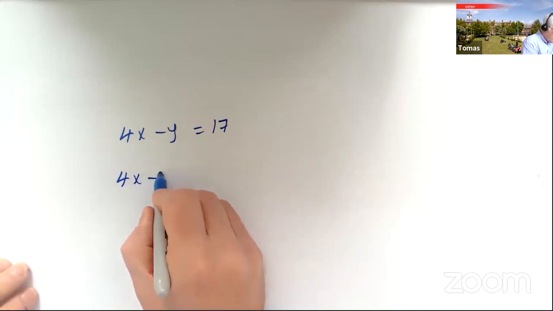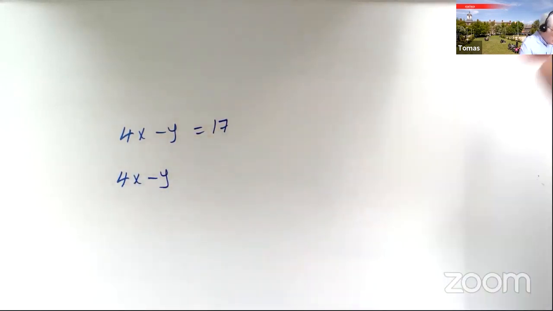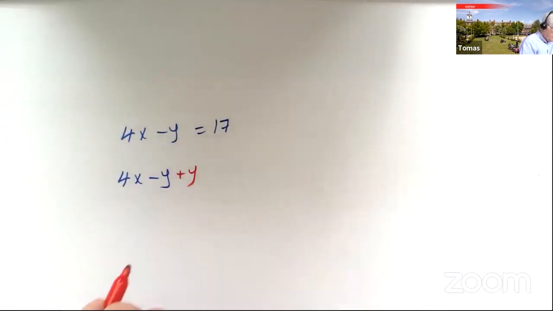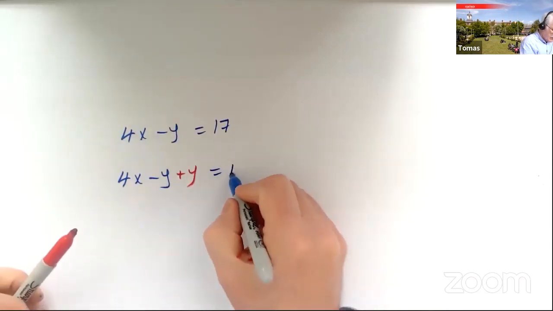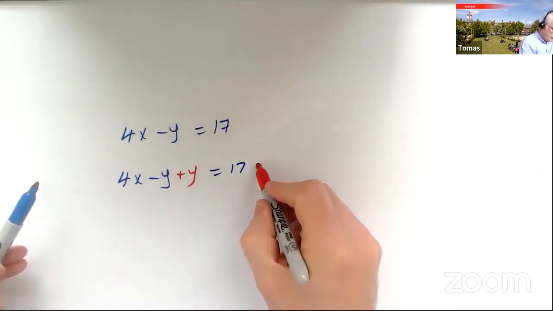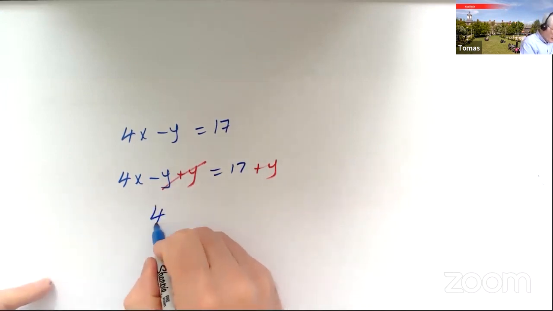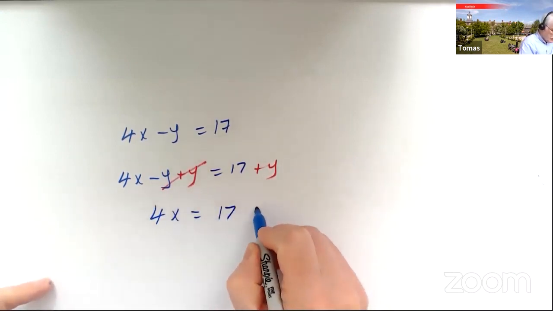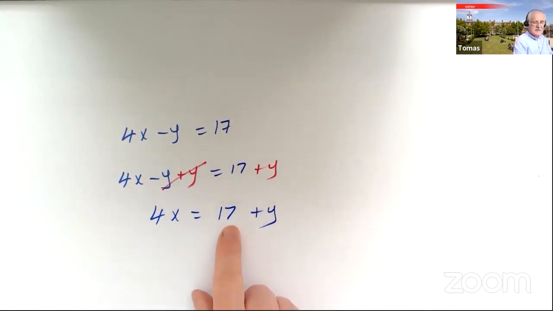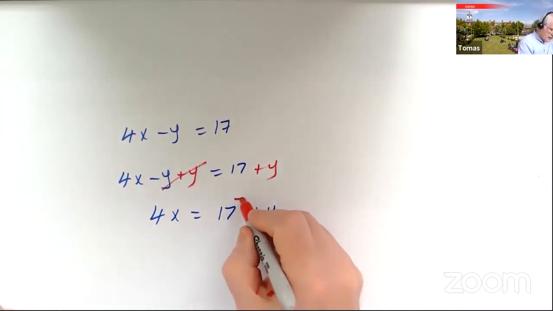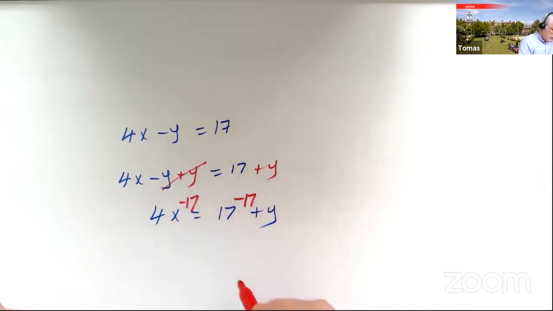So 4x minus y plus y is equal to 17 plus y. Then I get 4x is 17 plus y. I don't like the 17, so I'm going to make it a minus 17.